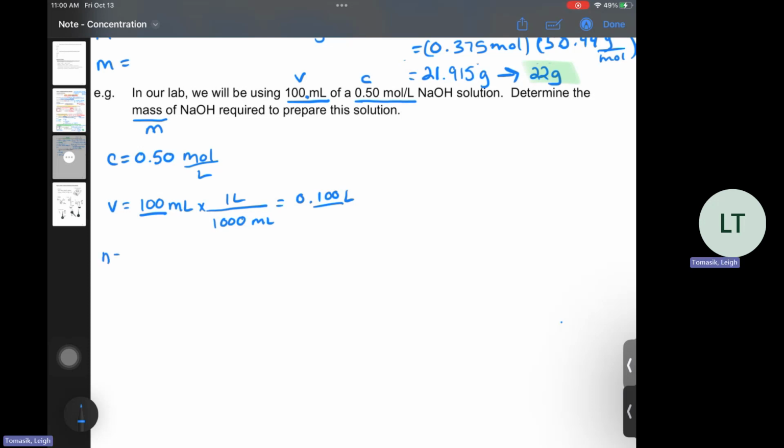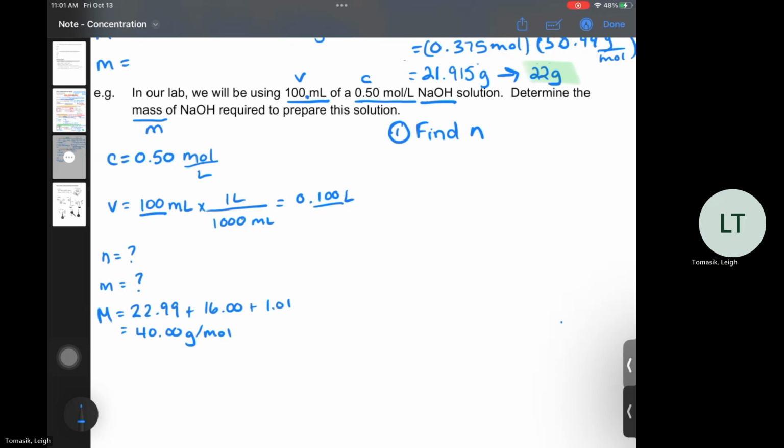Our moles, we need to use our formula to get. Our mass, we need to use our formula to get. And our molar mass, we can figure that out right away. We have the formula for sodium hydroxide. So we have 1 sodium, which is 22.99 grams per mole, plus 1 oxygen, which is 16 grams per mole, plus 1 hydrogen, which is 1.01 grams per mole, and so the molar mass is 40.00 grams per mole.